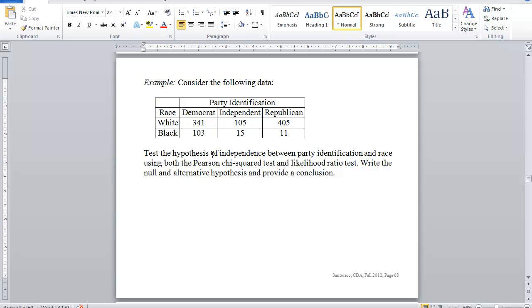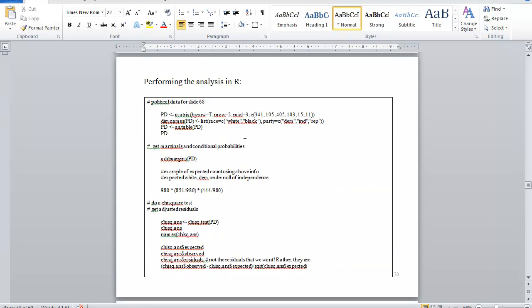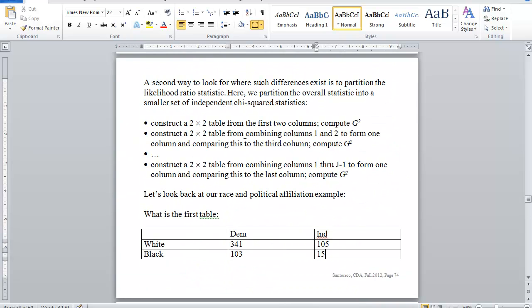So your next step is to construct another 2x2 table. One of our columns is going to be the next column, the Republican column, and it's going to be compared for a departure from the sum of the columns before it. So we'll sum up 341 and 105, and that will go in the column that we need to compare for Republicans, and then 103 plus 115. So let's go back down to make that table.